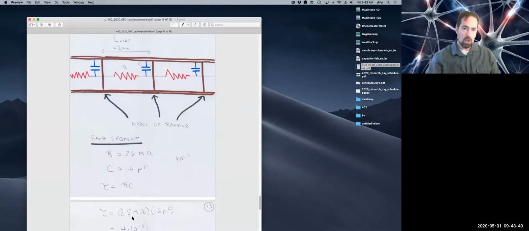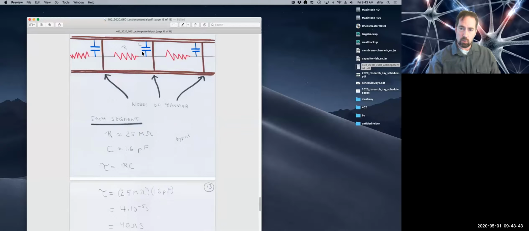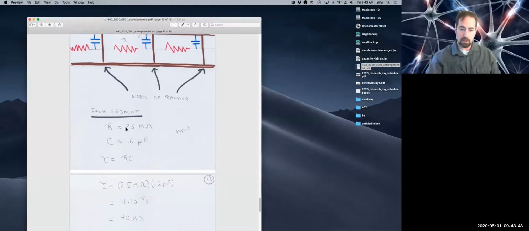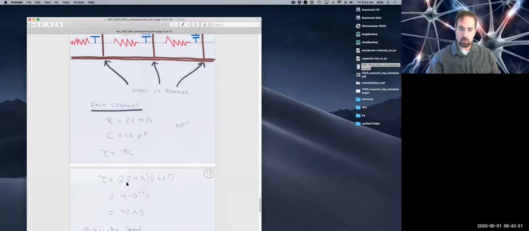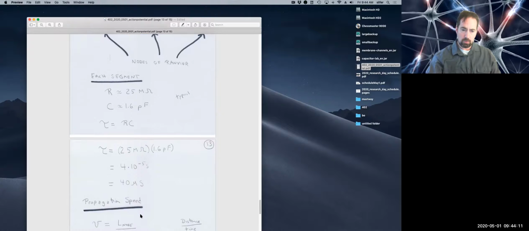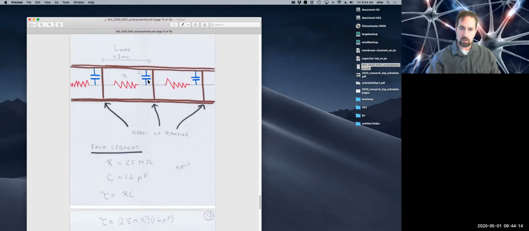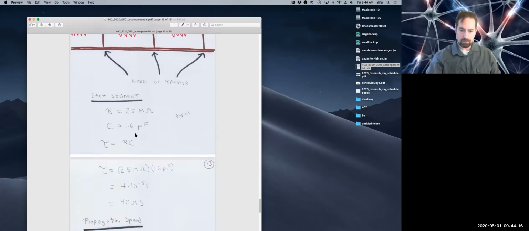Okay? So I'm just looking at a single one of these segments, and I find that the time constant of one of these segments, 25 times 10 to the 6 ohms times 1.6 times 10 to the minus 12 farads, picofarads, gives me 4 times 10 to the minus 5 seconds. And 4 times 10 to the minus 5 seconds is another way of saying 40 times 10 to the minus 6, or 40 microseconds.